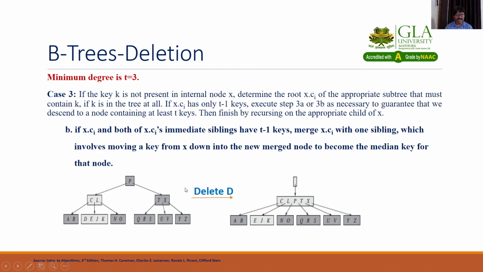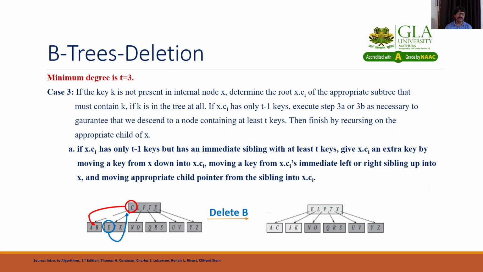But in this case, if the parent, the root, has 2 children, both having T minus 1 keys, then you have to push this root down and merge it with its left and right children, these 2 siblings. After merging, you can easily delete the D. So here we have deleted the D, and whatever memory is there, this location will be deleted. So this is your case 3B. Now we are talking about case 3A.